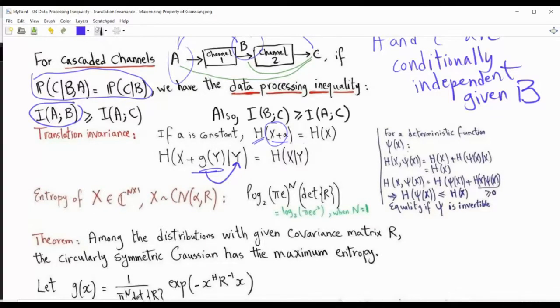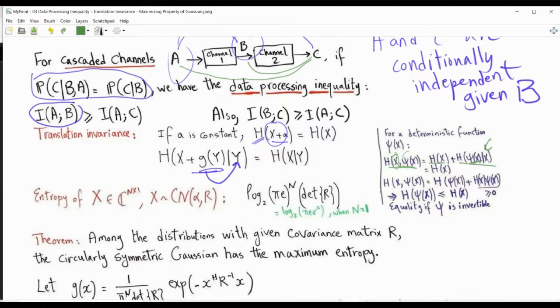The way to show it quickly: the joint entropy of x and psi of x, where psi is some deterministic known function. On the one hand, it is h of x plus h of psi of x given x. That's one definition of joint entropy: the entropy of this guy plus the entropy of this guy given x. And like I said before in the lecture, knowing x, the entropy of psi of x given x is 0, because once you know x, you have no uncertainty regarding psi of x.